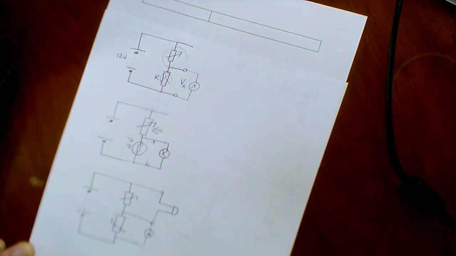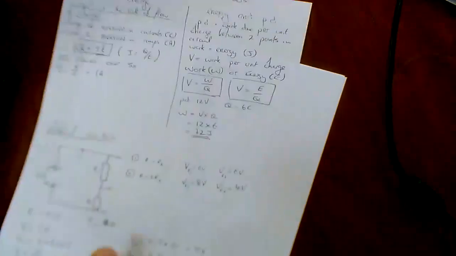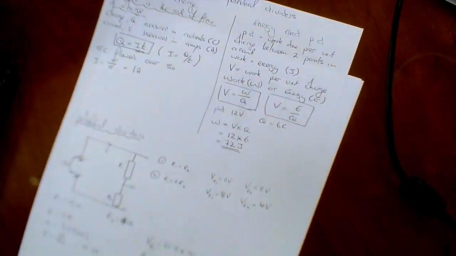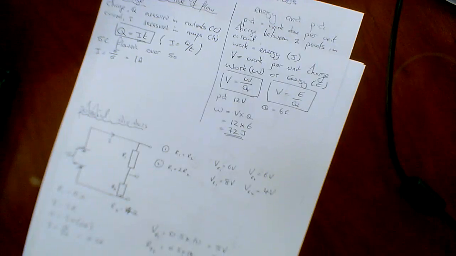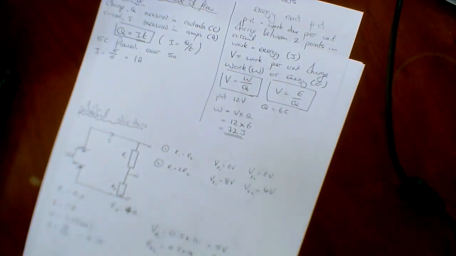So these are all potential dividers in that they're all dividing the supply potential into two. Not two equal parts, but into two.